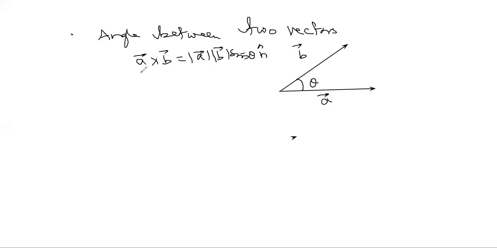These two are equal, so their magnitudes will be equal. So we can take the magnitude on both sides: the magnitude of the left hand side and the magnitude of the right hand side. This will be the magnitude of A, magnitude of B, sine theta, and the magnitude of this vector n cap.